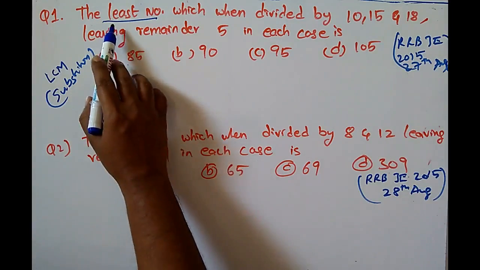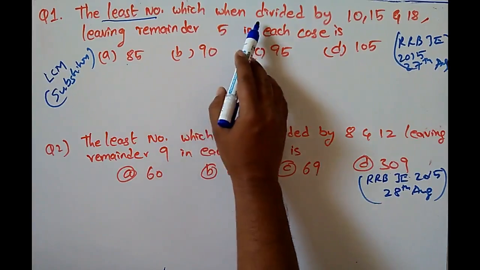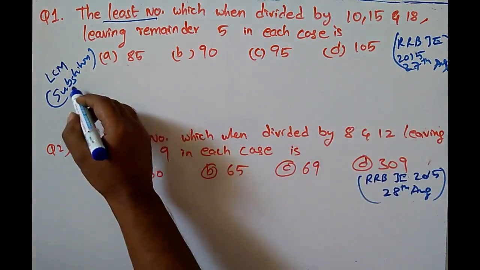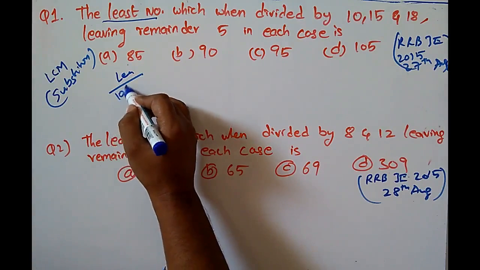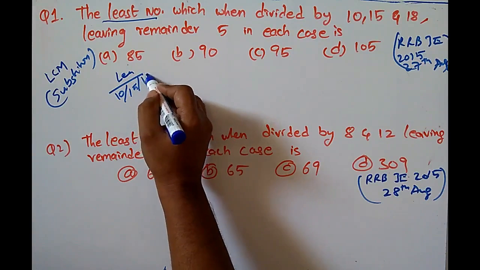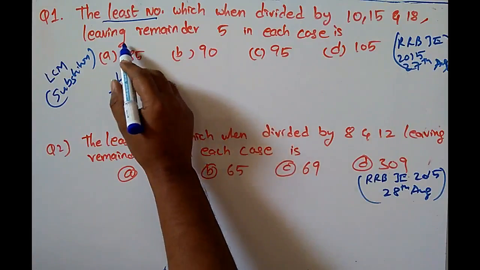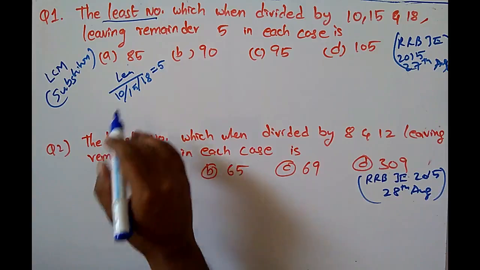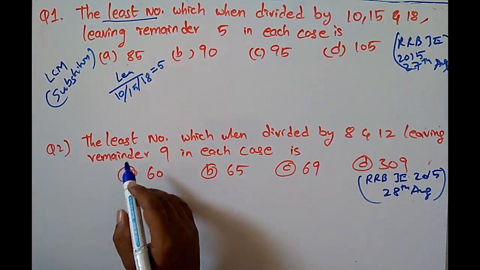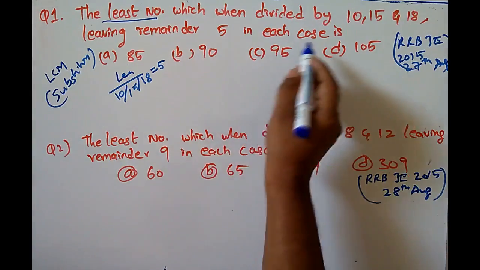See friends, the least number which when divided by 10 or 15 or 18 leaves the remainder 5 in each case, they have said.